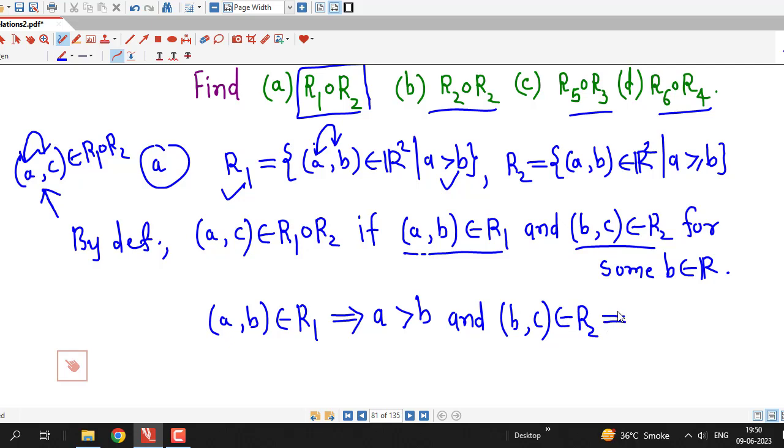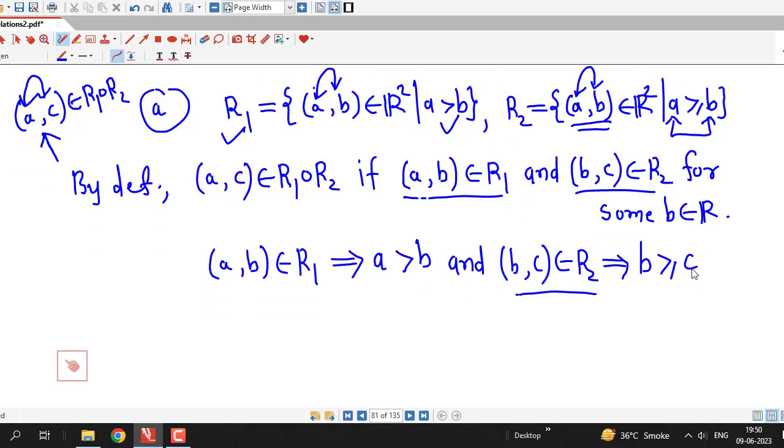In R2 the condition is that the first component is greater than or equal to the second component. Here I have written the ordered pair (A, B). The ordered pair (A, B) is in R2 if A is greater than or equal to B. Therefore, the ordered pair (B, C) is in R2 if B is greater than or equal to C.